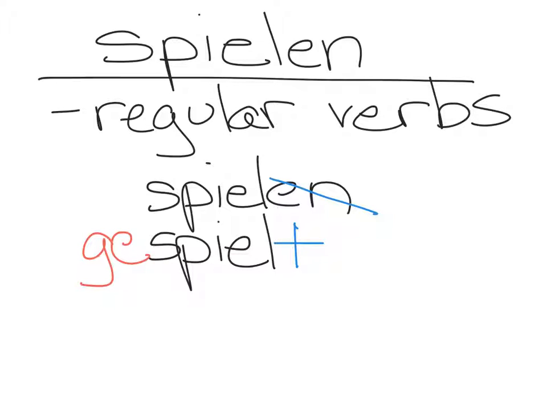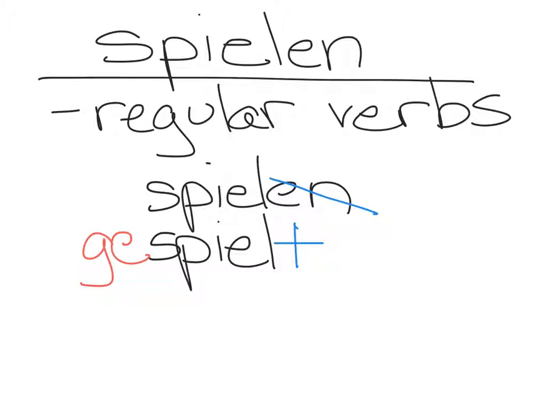And that's your GE word. Okay. So everybody try that one. Gespielt. Gespielt. Okay. So now whenever I'm doing past tense, I'll have my helping verb, I'll conjugate that, but that GE word, you will forever and ever know spielen is gespielt. It's never going to change.